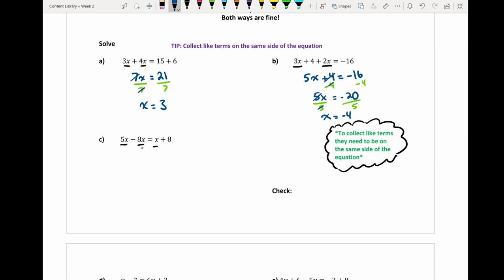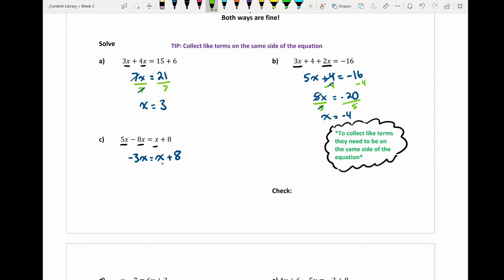I can do the 5x minus 8x and get negative 3x equals x plus 8, but I still have this x on the other side. So how do I move it to the other side, or how do I get rid of it on the one side? And the answer is the same way we've been moving things or canceling things out. Do the opposite.